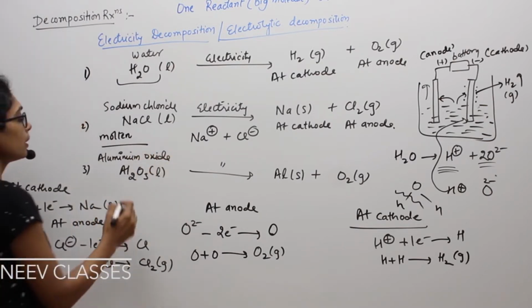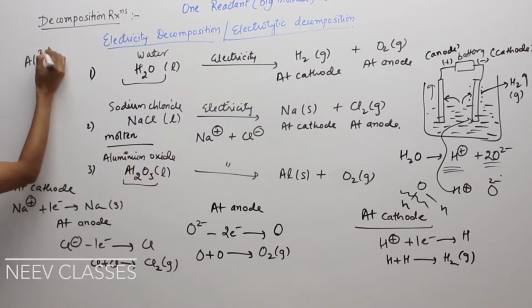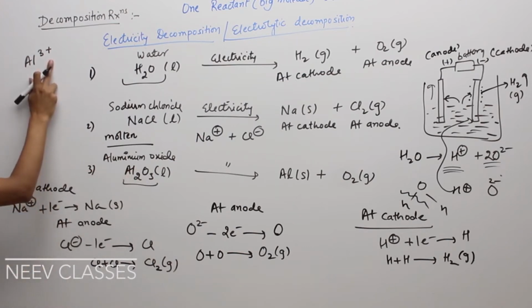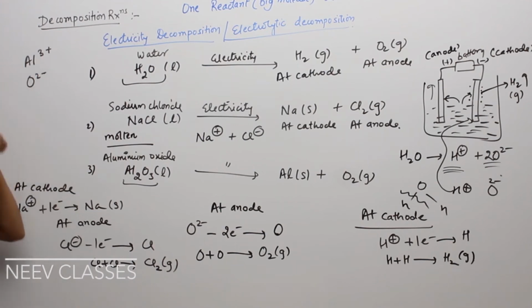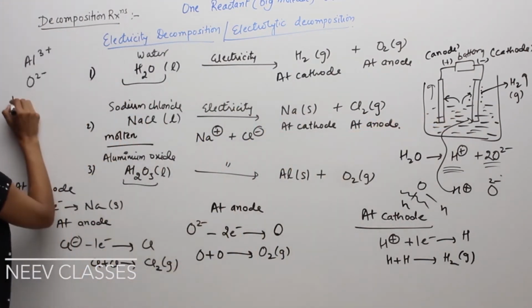Now what will happen? Aluminium's valency is 3 plus. So when Al2O3 breaks, Al will break as Al3 plus and oxygen will break as O2 minus. Again Al3 plus will go to cathode and take the electrons from there.